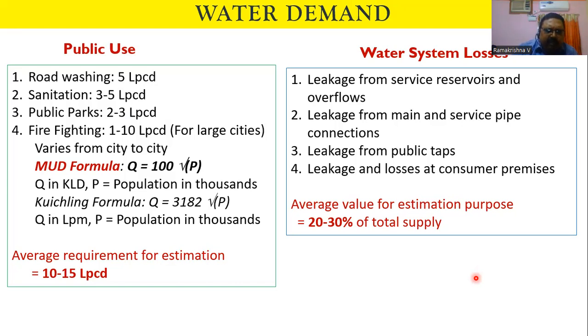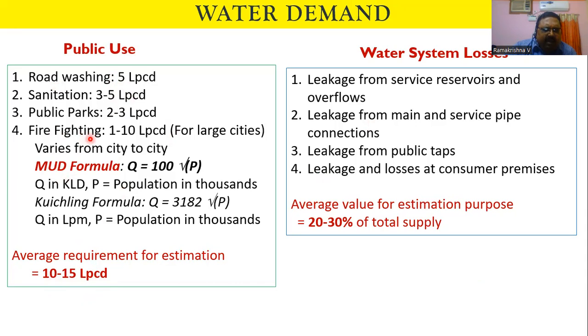So usually for firefighting, we can estimate around 1 to 10 LPCD for larger cities. And to have an estimate for a city or a town, we take around 10 to 15 LPCD comprising all these things together.